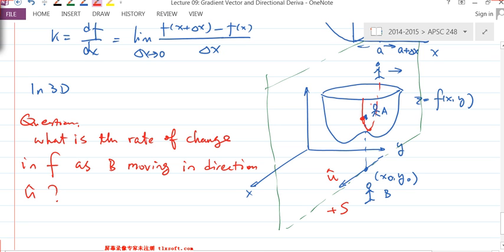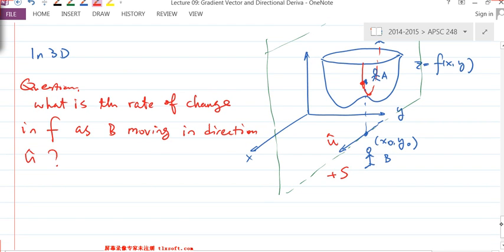So essentially what we're trying to look at here is the slope of this curve. That'll be the rate of change. What's the slope of the curve?